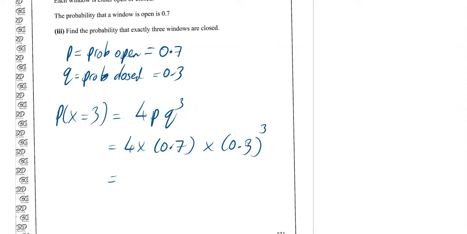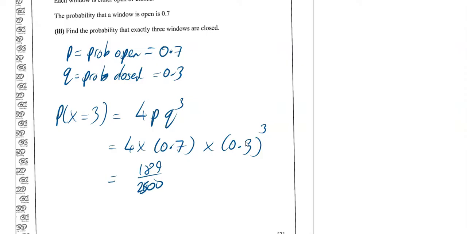And you just fire that into your calculator and see what you get. So it's going to be 4 times brackets 0.7, close your brackets, and then times brackets 0.3, close your brackets, and that one is cubed. Press equals.